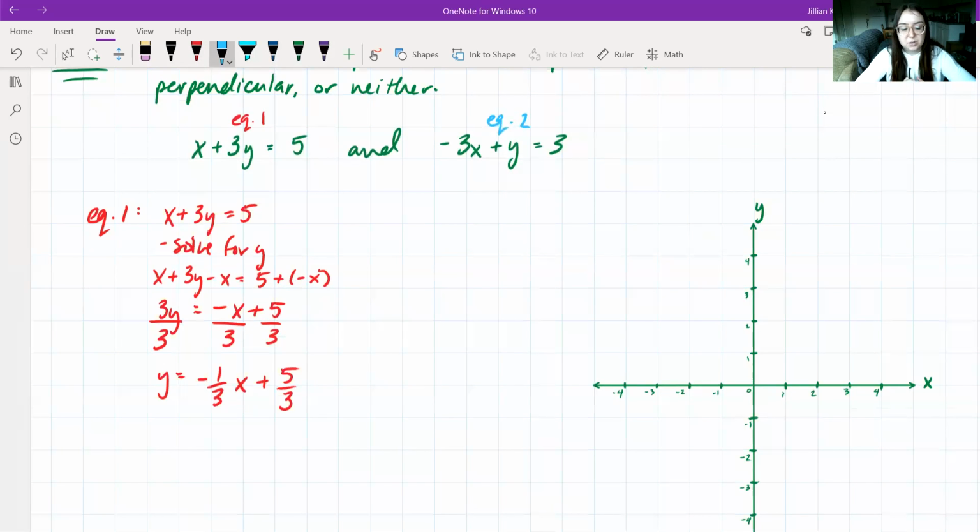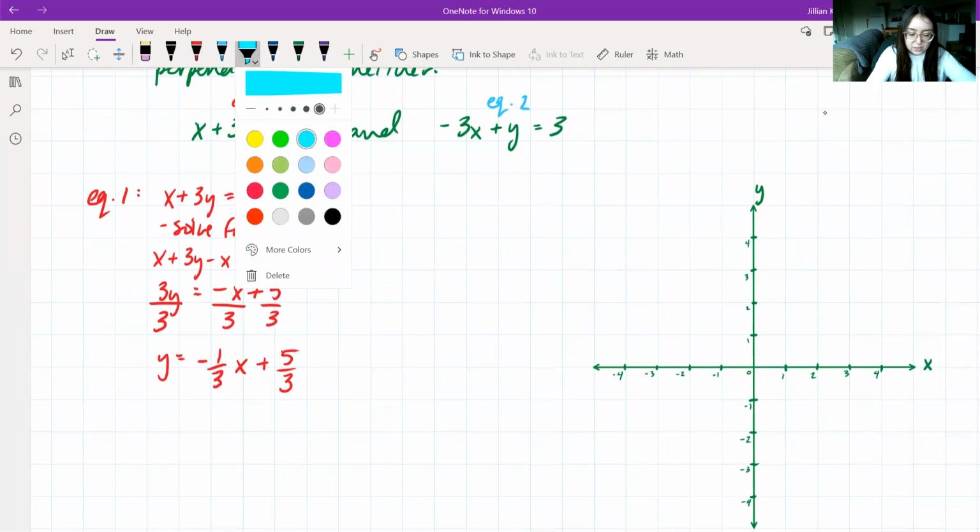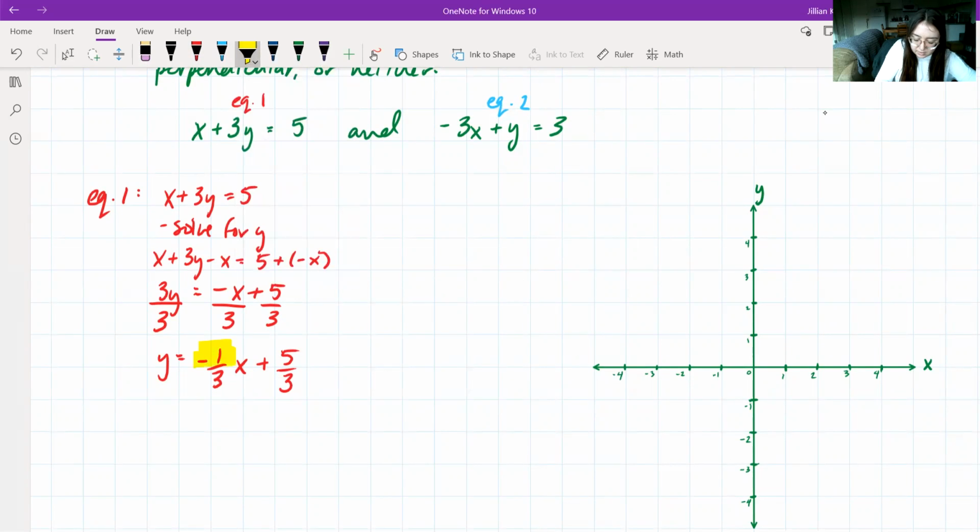So that's one equation. Since we have our coefficient in front of x, we see here that our slope, or m, is equal to negative 1/3.